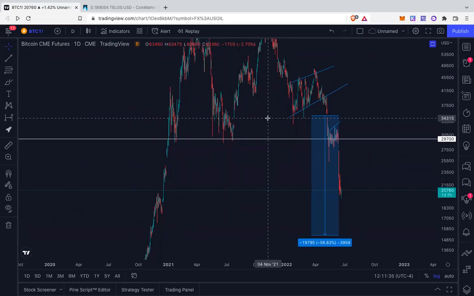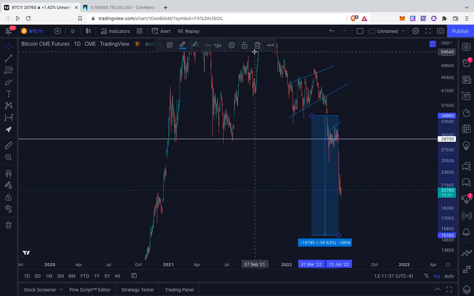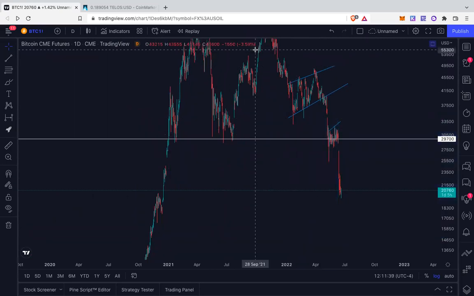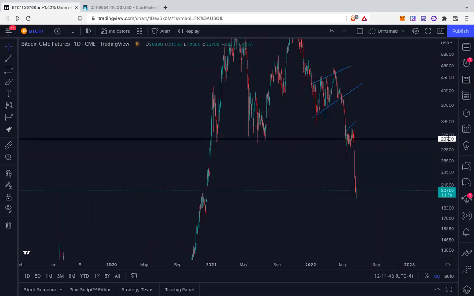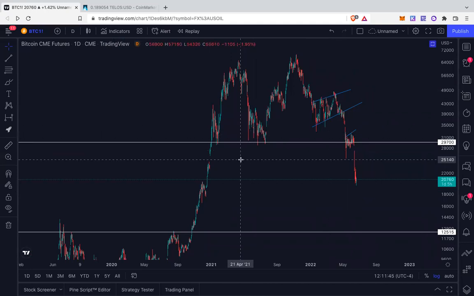Just looking at the futures chart, I don't even know if I got this here. I think I got it as a target, but this is the chart most institutions are using. They're trading Bitcoin because they're trading the futures market.